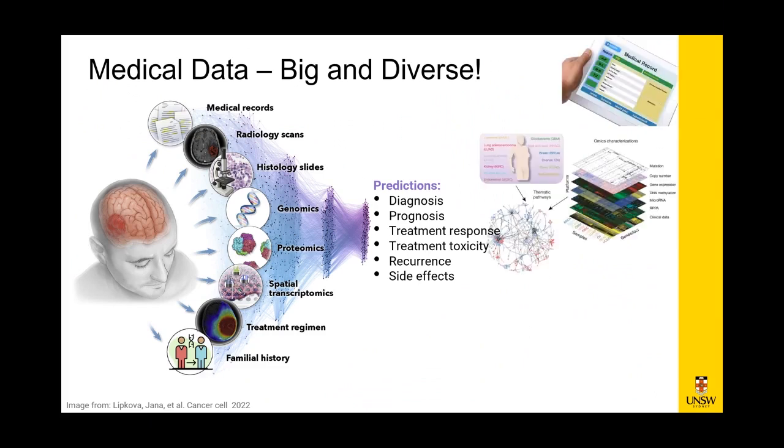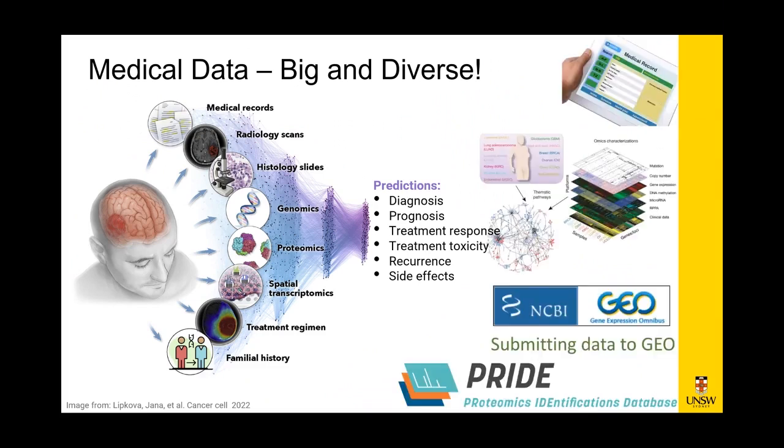With this huge amount of data, there have been a lot of efforts to put this data together. For instance, Gene Expression Omnibus, one of the largest public repositories of data, which researchers across the world submit data to; PRIDE, the proteomic repository, which includes over 300 million mass spectra of proteins; the Cancer Genome Atlas, an international consortium of multiple types of data across different cancer types; and electronic health records.